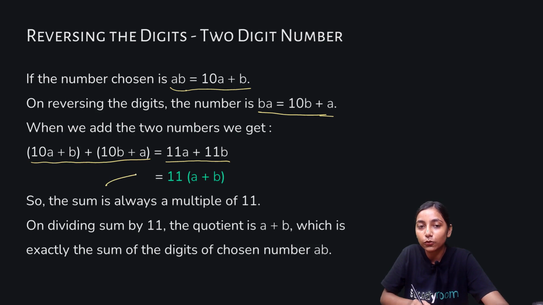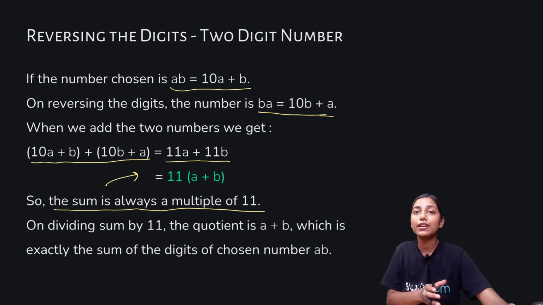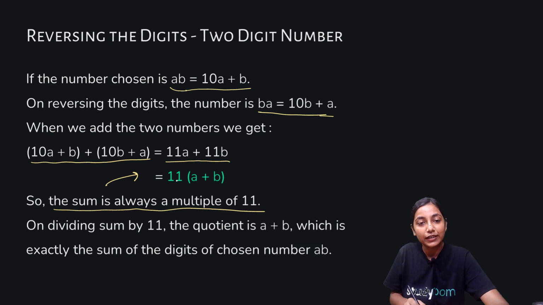So we can conclude from here that the sum is always a multiple of 11. You can see that 11 we can take common from the whole sum. And yes, that sum is always a multiple of 11. So when we divide this sum by 11, our quotient will be A plus B, which is exactly the sum of the digits of the chosen number.